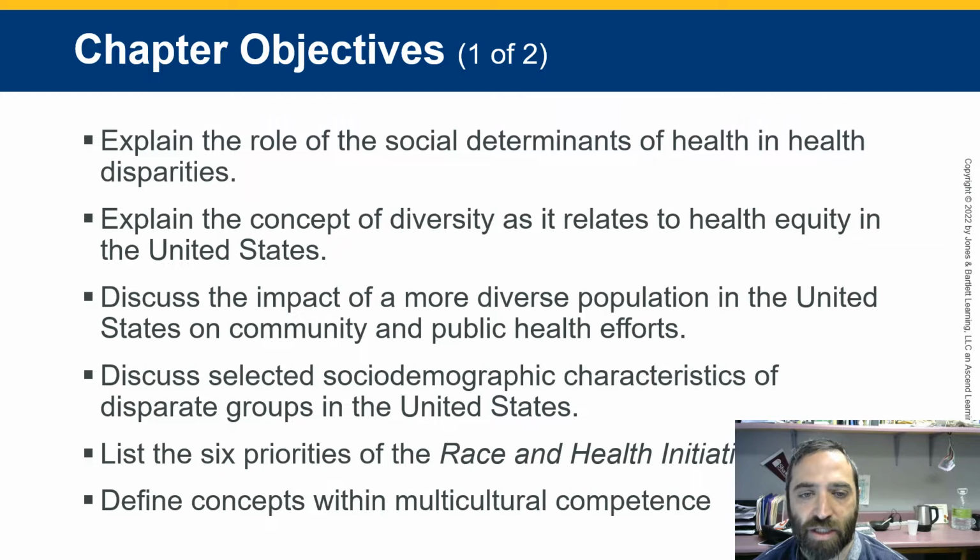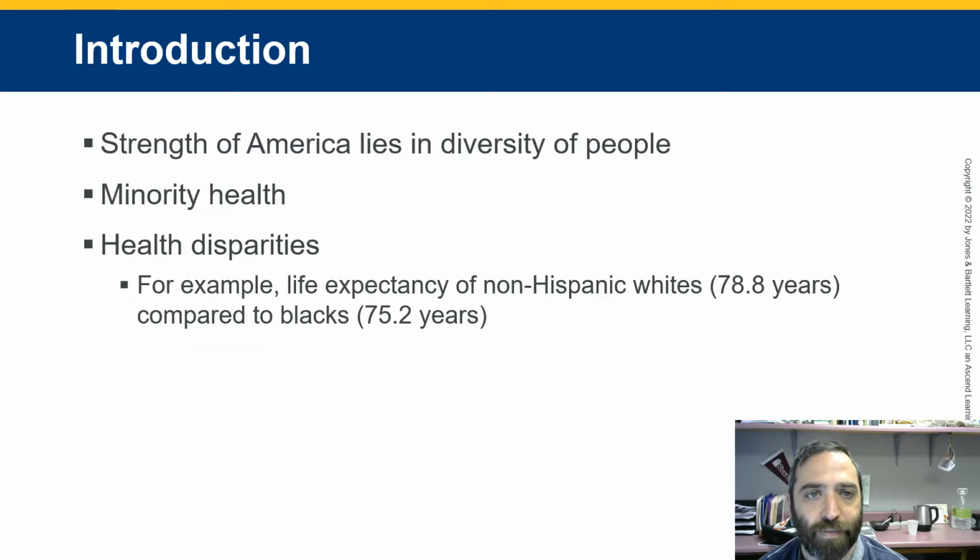Socio-demographics is just social things like education and income and how they're getting along with other groups. List the 6 priorities of the Health and Race Initiative and then define the concepts within multicultural competence. That relates to how can we use this to improve things in the United States.